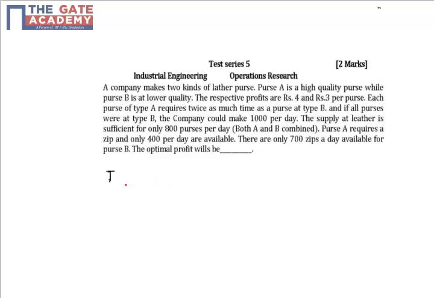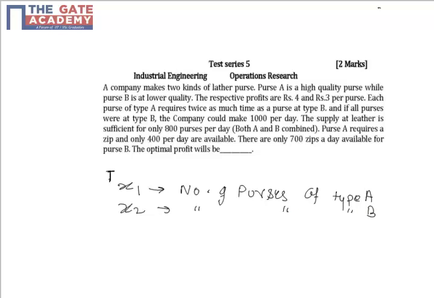If we assume that X1 is the number of purses of type A and X2 is the number of purses of type B, then the total profit we can write as Z is equal to 4x1 plus 3x2. So we have to maximize this function.